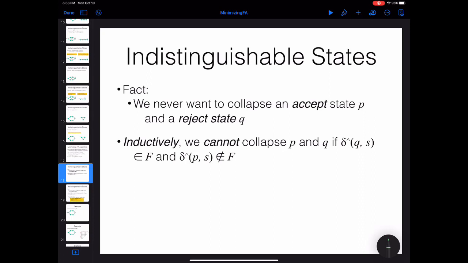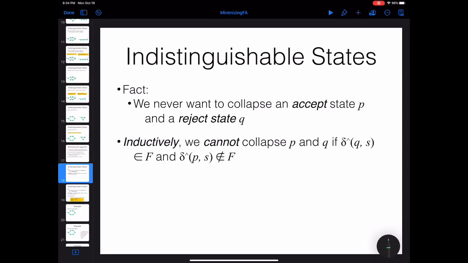Okay? So inductively, we can expand this definition and say that we cannot collapse, we cannot merge two states P and Q if we know that over some string from P you reach a final state, and from Q over the same string you reach a non-final state, or vice versa.